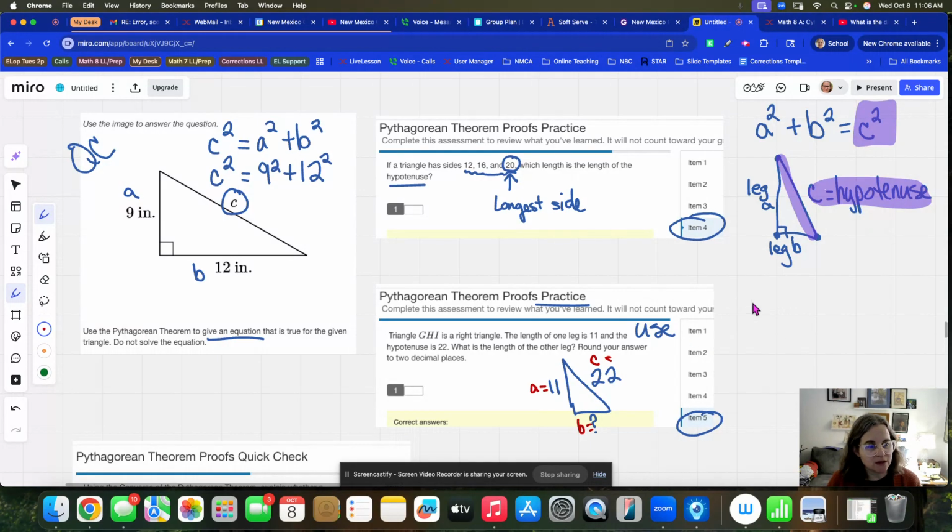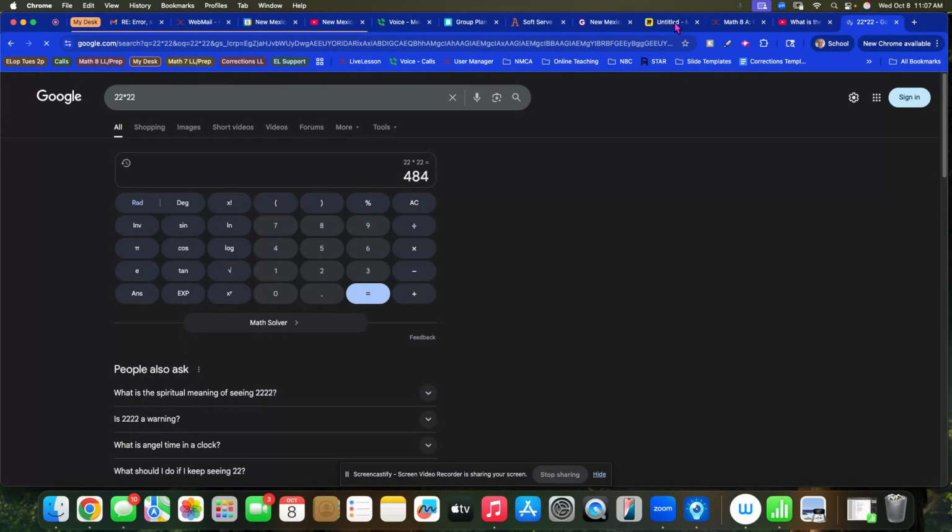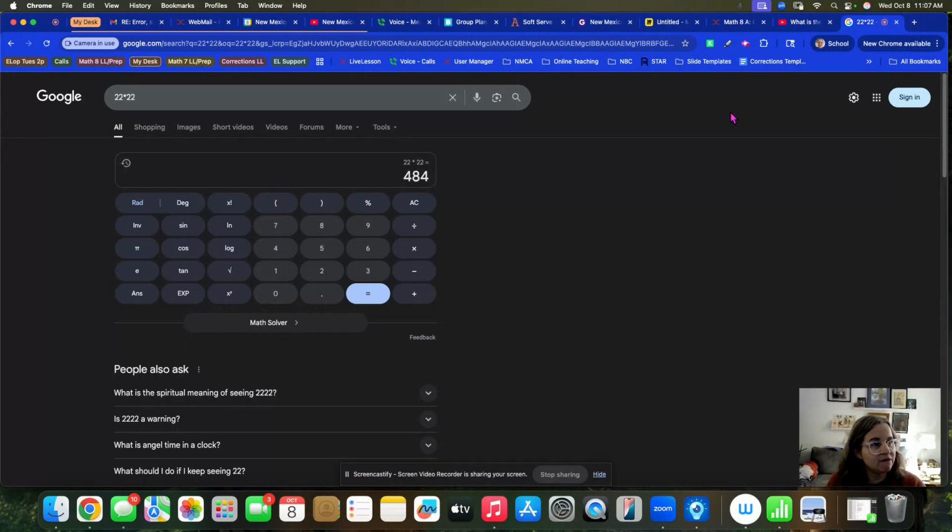So if I write this in the Pythagorean theorem, I'm going to say hypotenuse squared, 22 squared, is equal to 11 squared plus x squared, because I don't know the length of that other leg. 22 squared, I don't know what that is. I'm going to do it in a calculator. 484.